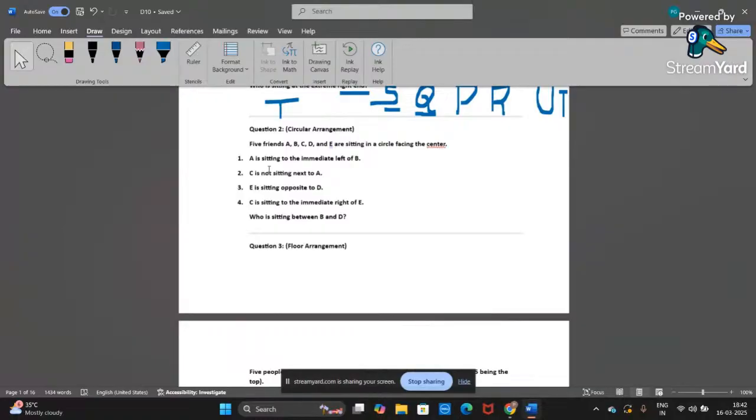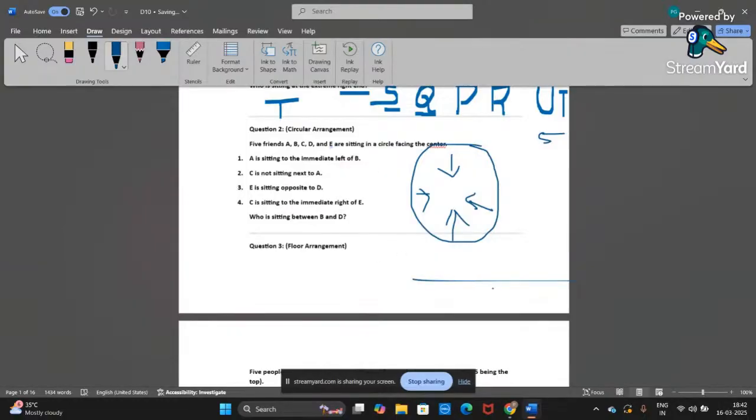Okay, we'll solve the second question. 5 friends A, B, C, D, E are sitting in a circle facing the center. That means they are in a circular arrangement and they are facing towards the center. How many are there? 5 members. Let me write like this so that it will be easy to understand.